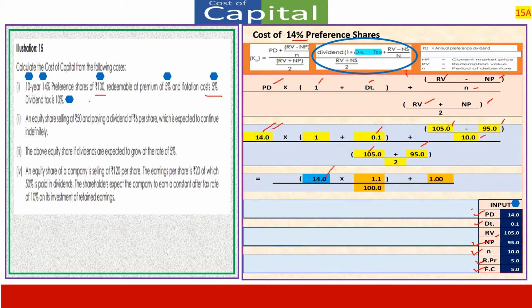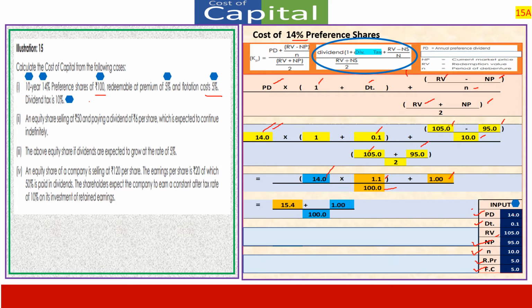This is the equation. Simple. 14 remains 14, 1 plus 0.1, 1.1, plus 105 minus 95 is 10. 10 divided by 10 is equal to 1. 105 plus 95, 200 divided by 2 is 100.